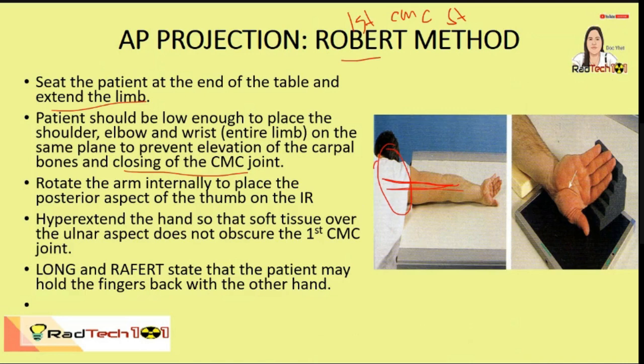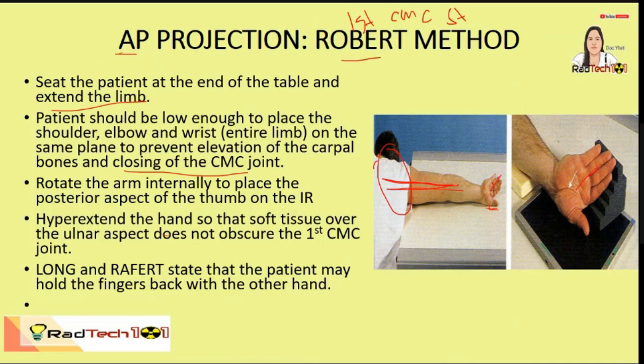Rotate the arm internally to place the posterior aspect of the thumb on the IR. So dapat yung posterior aspect ng thumb nasa IR. So meaning naka-AP siya, 'di ba? AP. Rotate the arm internally to place the posterior aspect of the thumb on the IR. Then, hyperextend the hand. Ito, naka-hyperextend siya.